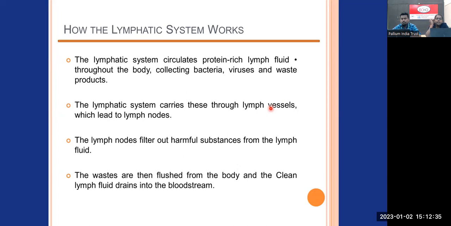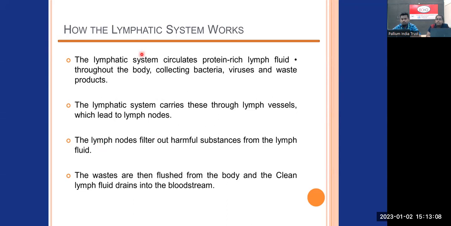Once the lymphatic capillaries absorb the lymphatic fluid from the interstitial space, it goes to the lymphatic vessels, and then to the lymph nodes. Okay, clear? And the third step is that the lymph nodes filter out the harmful substances from the lymphatic fluid.